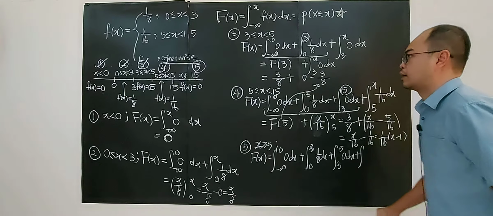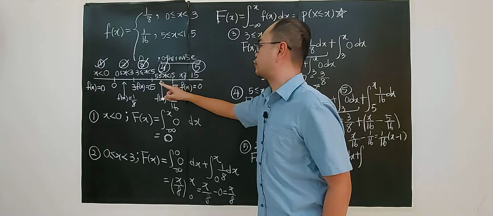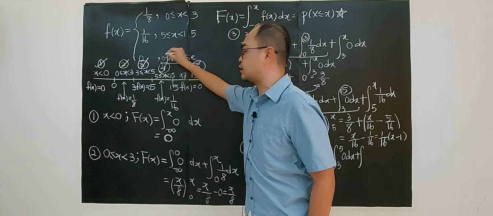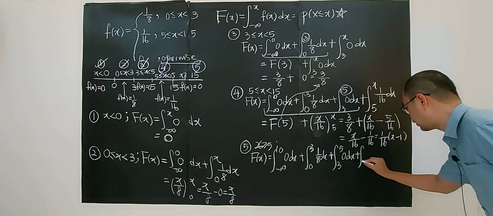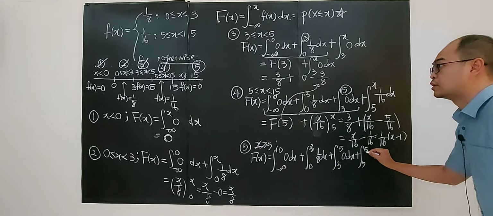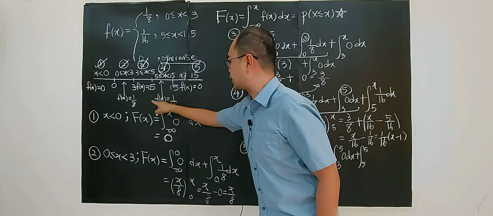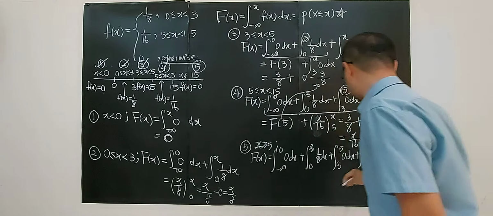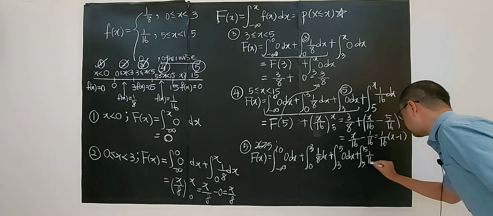Plus again, from 5 up to 15. Now it's 5 up to 15. It's already ticked, right? So 5 up to 15. The probability density function here is 1/16. So 1/16 dx.